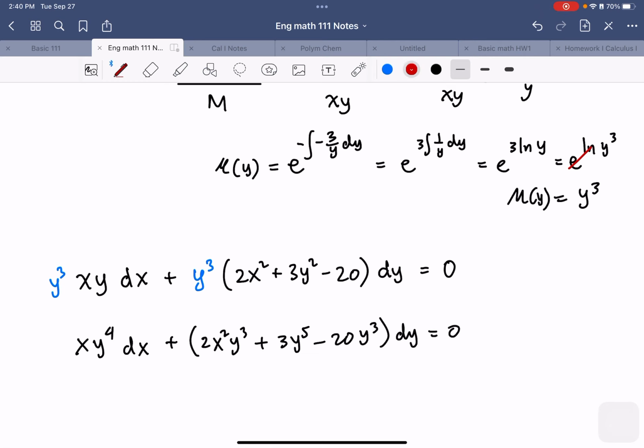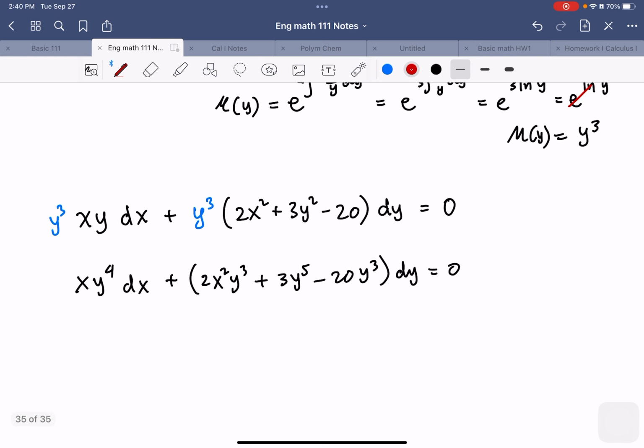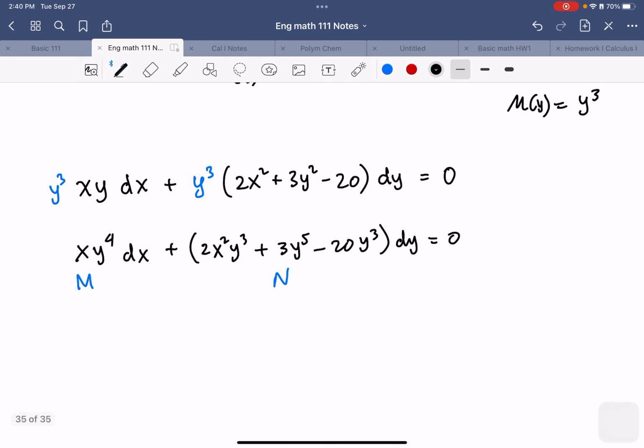And then again, we try to make sure that this is exact by taking the partial derivative. So taking the M, this will be 4xy cubed, right? And take the other part.